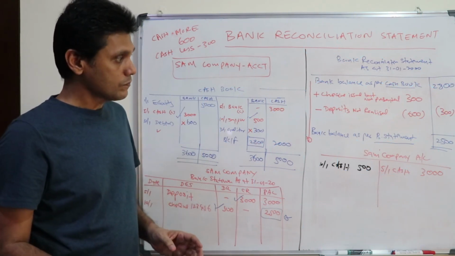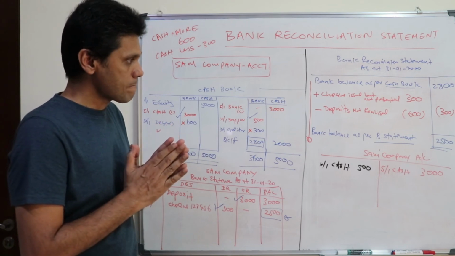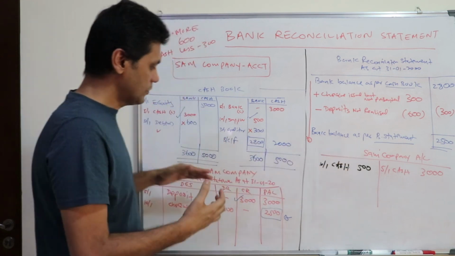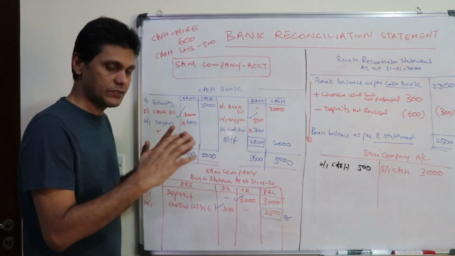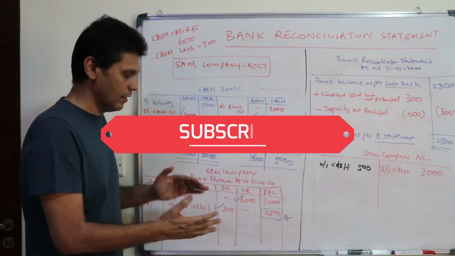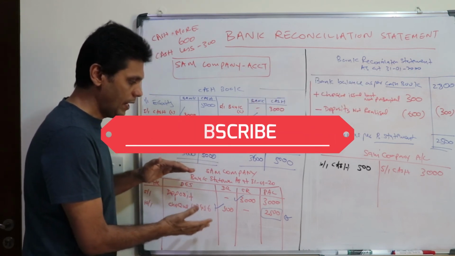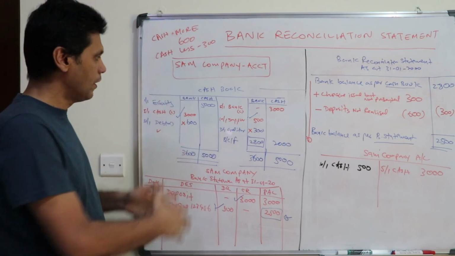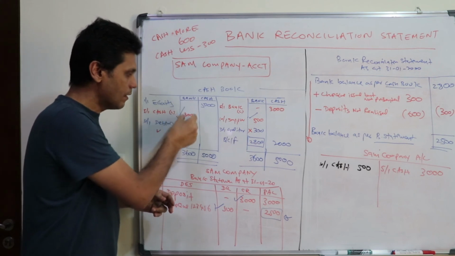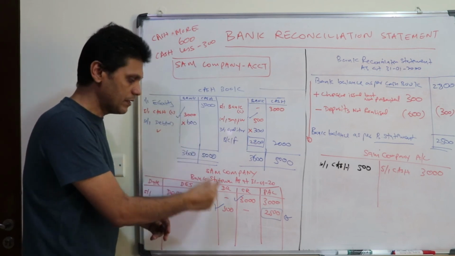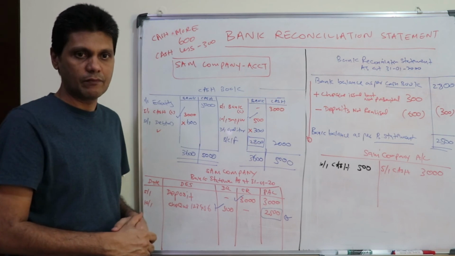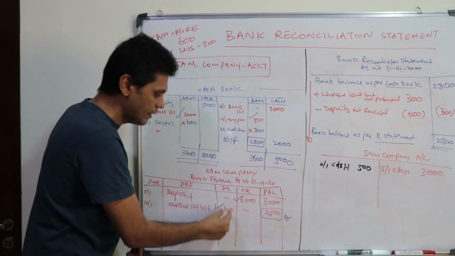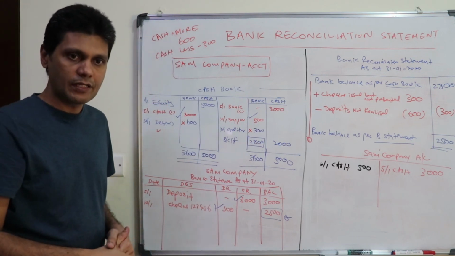Okay. So now, to do the bank reconciliation statement, first of all, we'll just recap the process. You need to compare the bank statement with the cash book. Then you compare the debit side of the bank column with the credit side of the bank statement, and the credit side of the bank column of the cash book with the debit side of the bank statement.